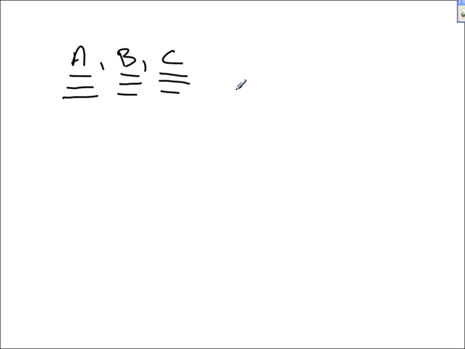So what would the sample space be? Well, it can end just with a tail. If Abe gets a tail, it's done. If Abe gets a head, and then Betty gets a tail, it's done.